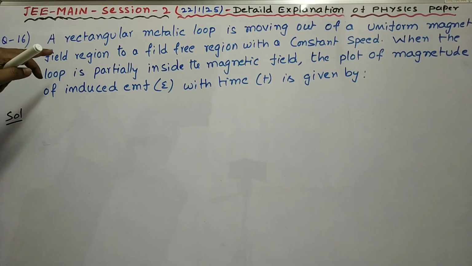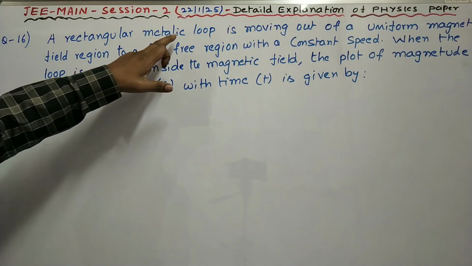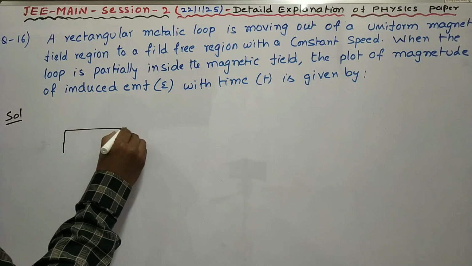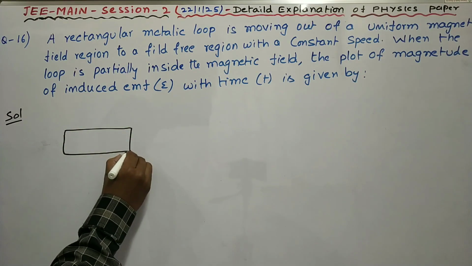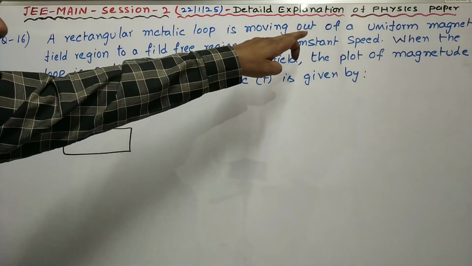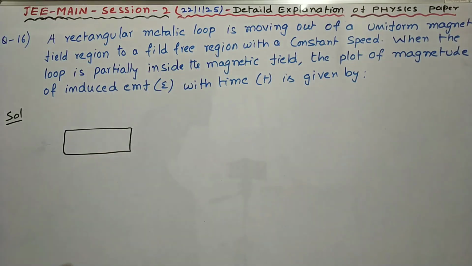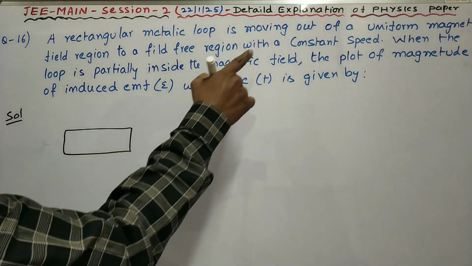Right. The 16th question: a rectangular metallic loop. This is one rectangular metallic loop moving out of a uniform magnetic field region to a field free region, with a constant speed.